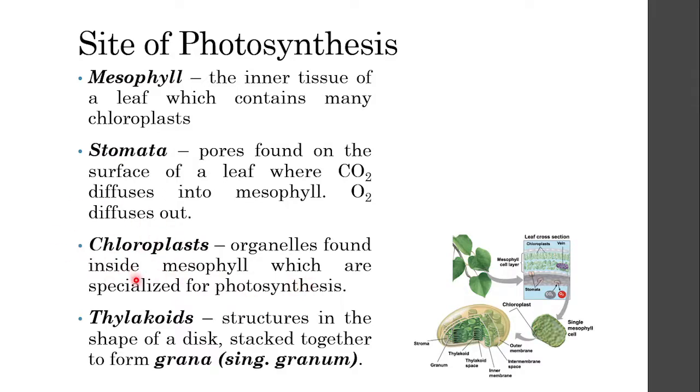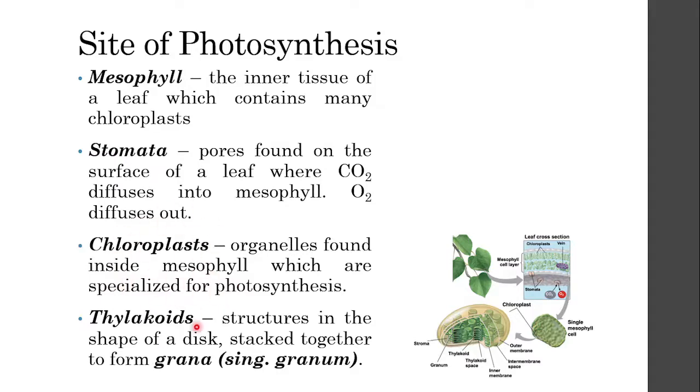If you remember specialization, when a cell changes from being very general to something that has a specialized function, they differentiate. So some of the cells become chloroplasts, wherein they differentiate themselves in order to be especially used for photosynthesis.